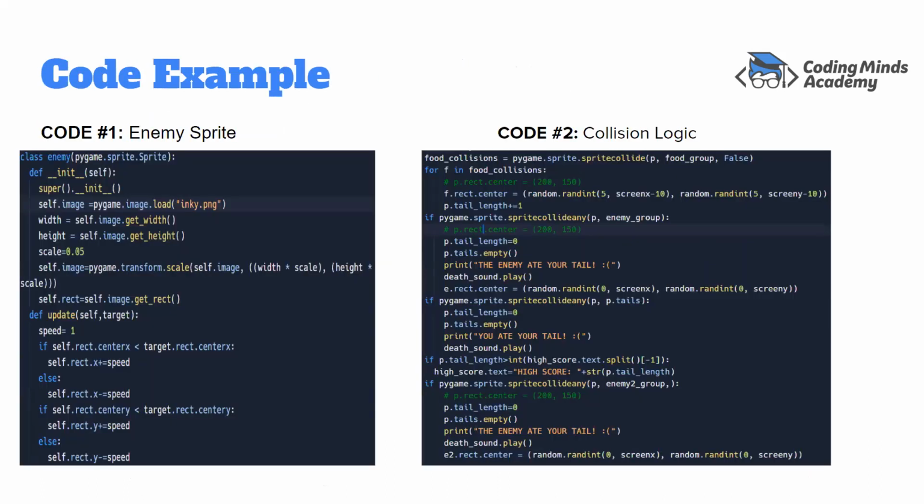Code example. Code 1, enemy sprite. So it uploads the inky PNG, which is the blue enemy, and it gets width, height, and scale.